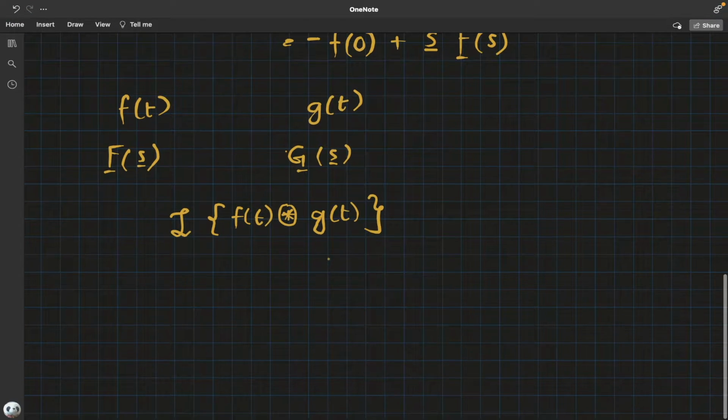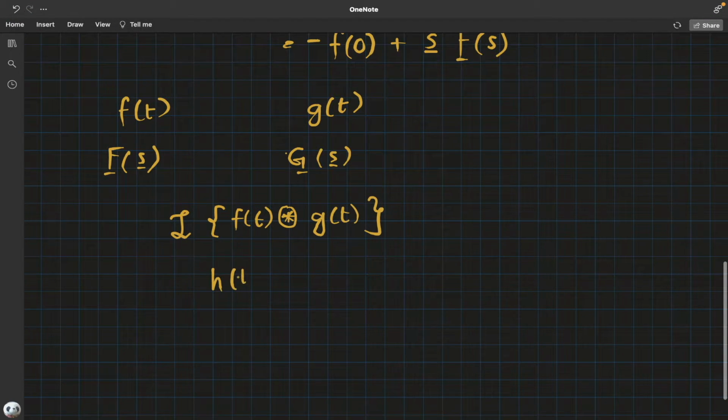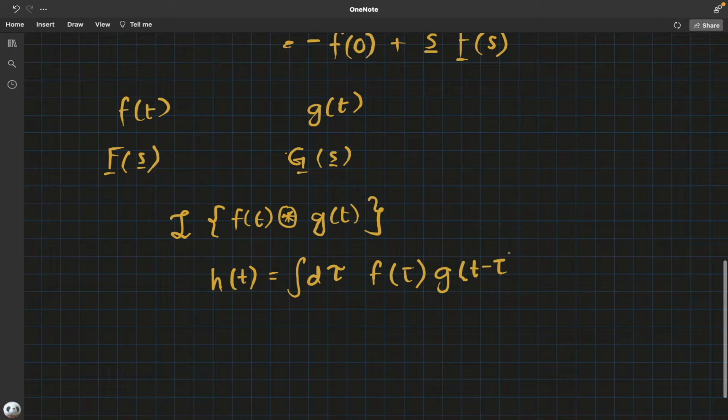Before moving on with the gritty math, h of t, which I'm going to define as whatever's inside, is the convolution of these guys, with the integral for which I'm not writing the upper and lower bounds, but it's minus infinity to infinity more generally. So the integrand is looking like this.